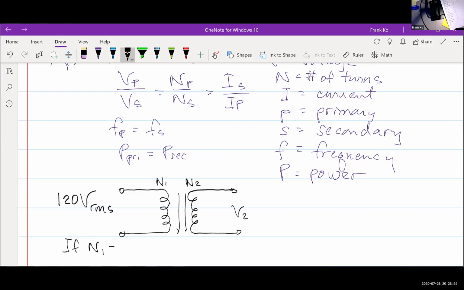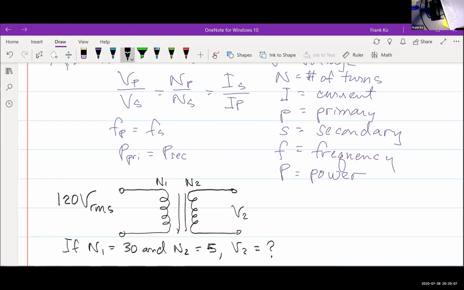So if N1 is equal to 30 and N2 is equal to 5, V2 equals question mark. So take a moment, scribble this out.